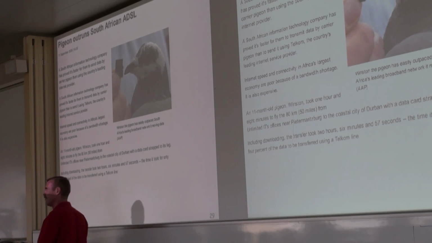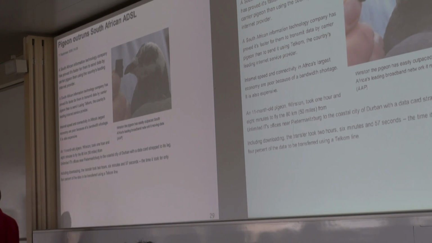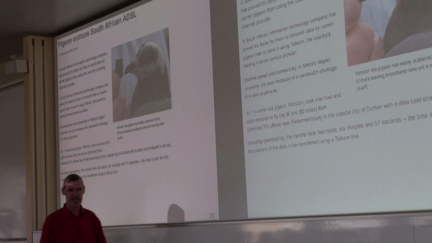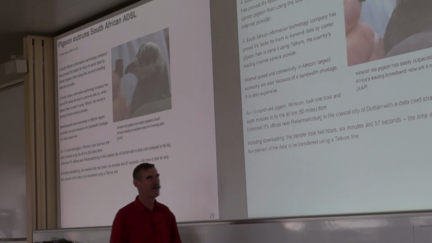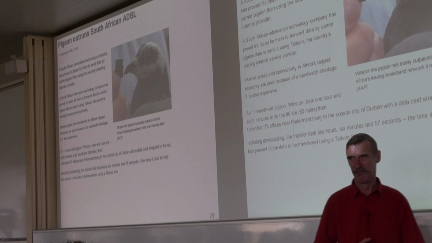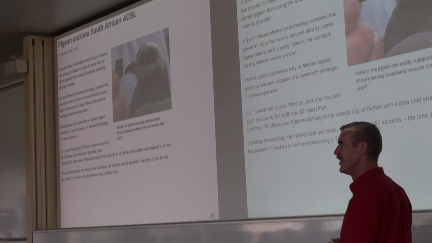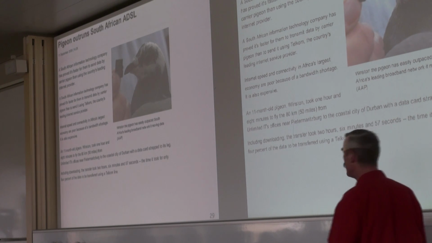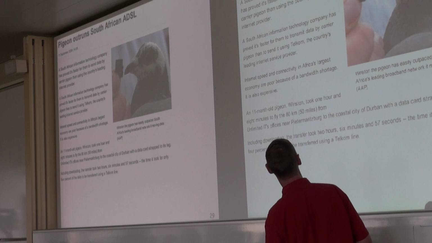Here is a small thing we could read in the press some time ago. People in South Africa were complaining about the poor quality of the internet service they receive from their providers. So to show how bad the providers are, they said a pigeon can do better. So they gave an SD card to a pigeon with a number of gigabytes on the SD card.